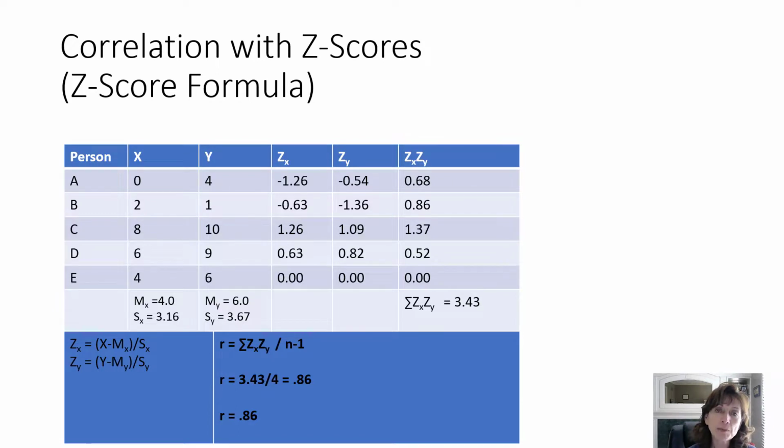What would determine which formula you use is the units that your data are in. If your data is in raw scores, you would use the raw score formula. If your data has been converted to z-scores, you could use this z-score formula. Okay, so I just wanted to show you that there was an alternative formula for z-scores in case you needed it.